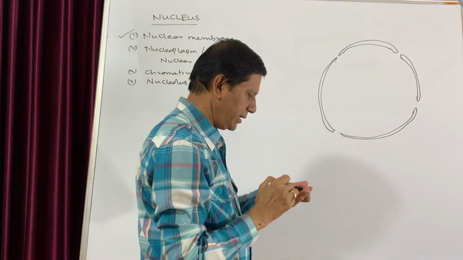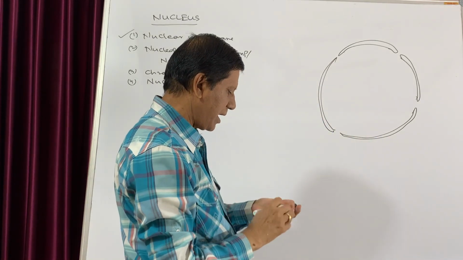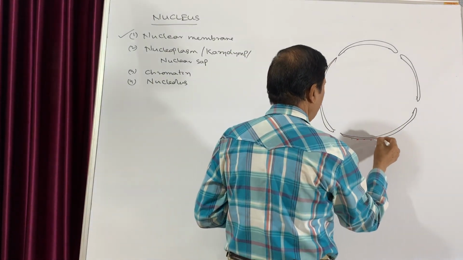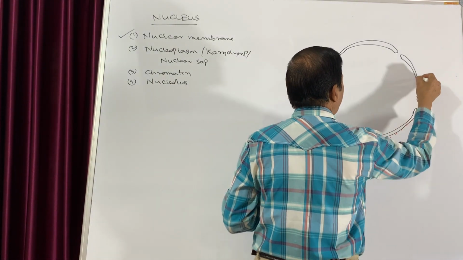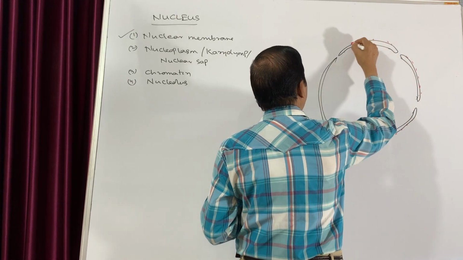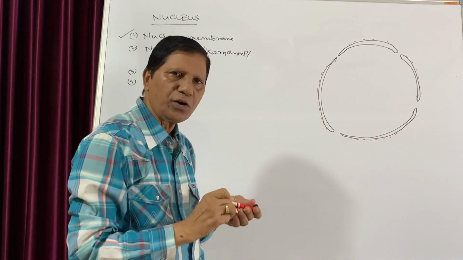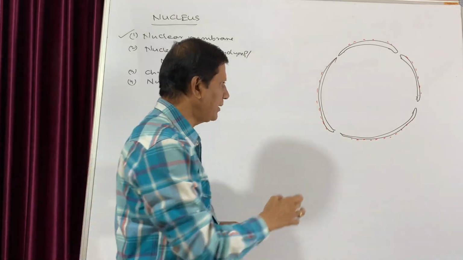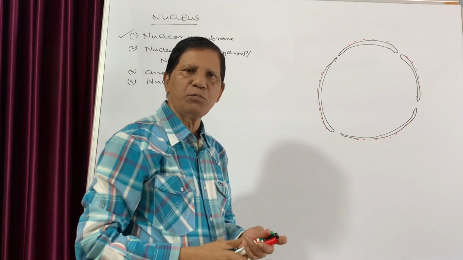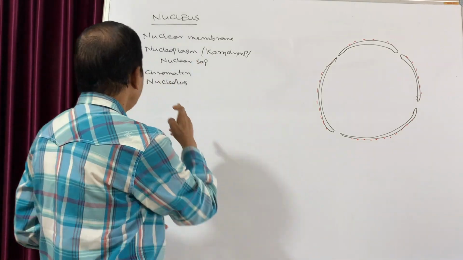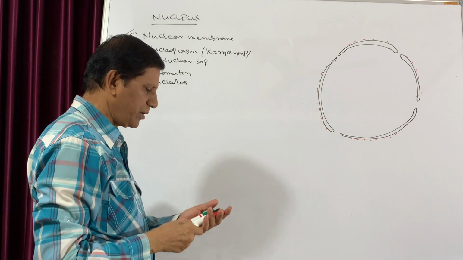So this is the nucleus, and on the outermost membrane of the nucleus several ribosomes are attached, while the inner nuclear membrane is smooth and the outer membrane is continuous with the endoplasmic reticulum. The structure of the nuclear pores we also discussed in the previous video. Now let us start the second one, that is nucleoplasm or karyosome.